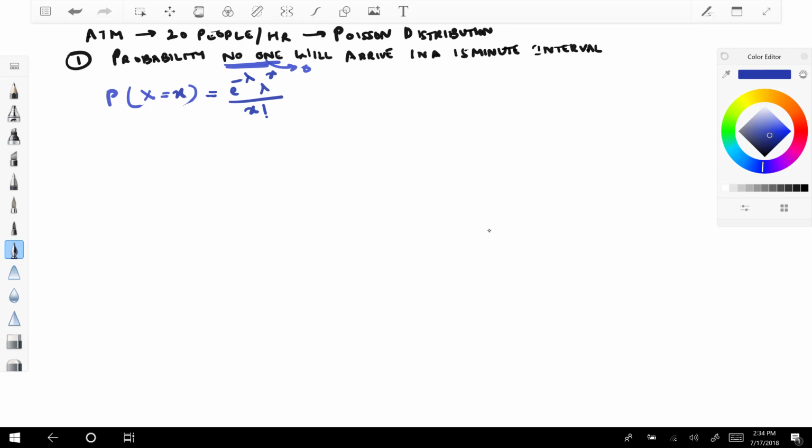Since no people arrive, our x here would be 0, that means 0 arrival.